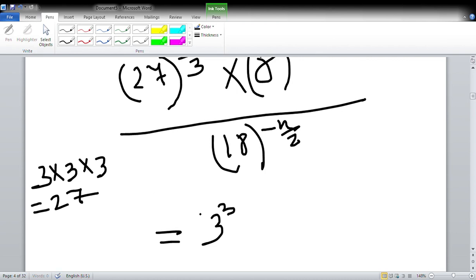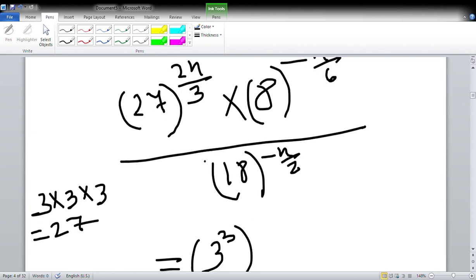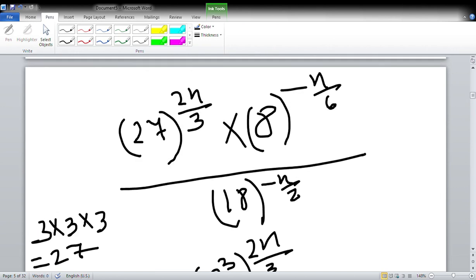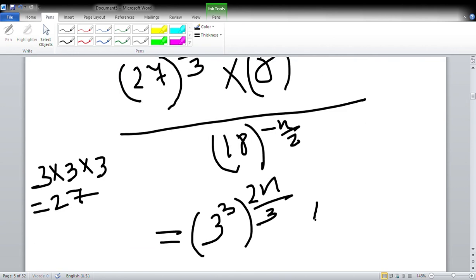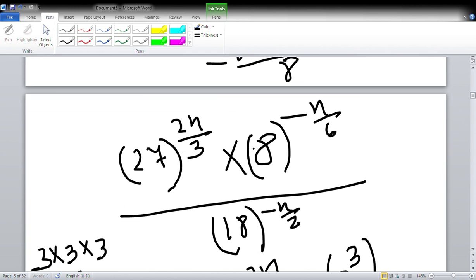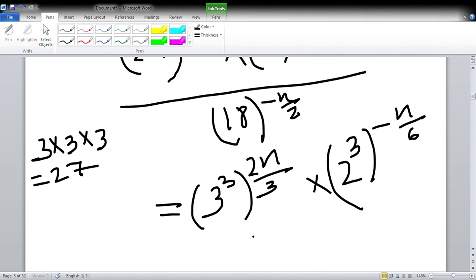So it is 3 to the power 3, raised to 2n by 3. Again we can write 8 as 2 to the power 3, raised to the power minus n by 6, right?